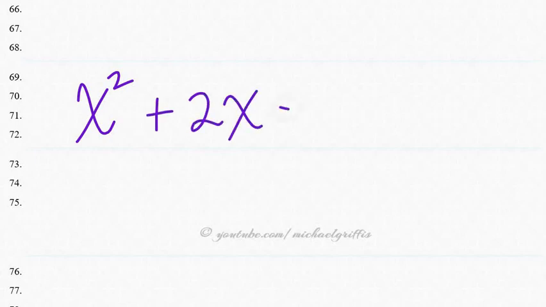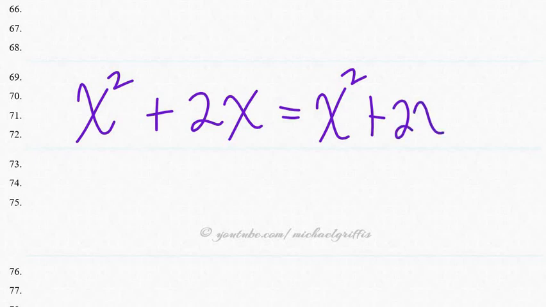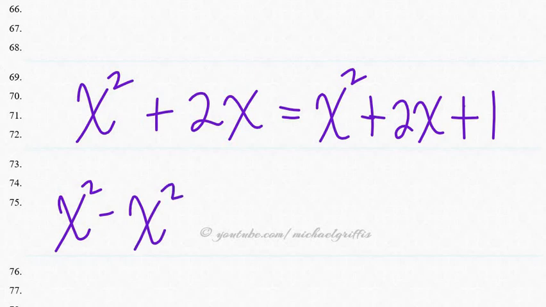We'll write another one that has no solution. What about x squared plus 2x is equal to x squared plus 2x plus 1. As you can see, when we subtract x squared from both sides, we get x squared minus x squared, or you can think about it as just taking this over.